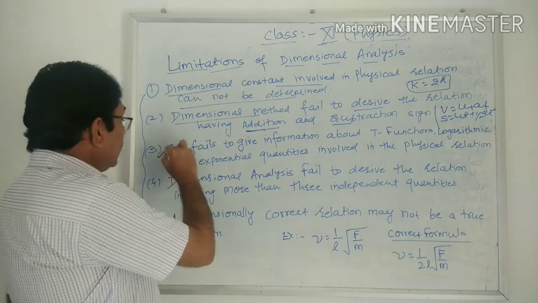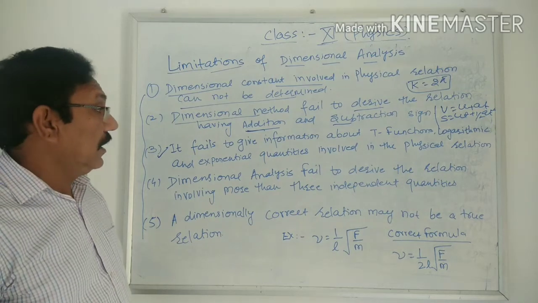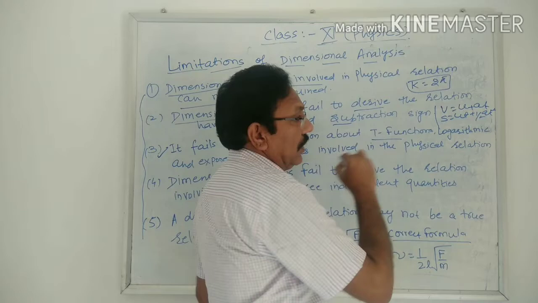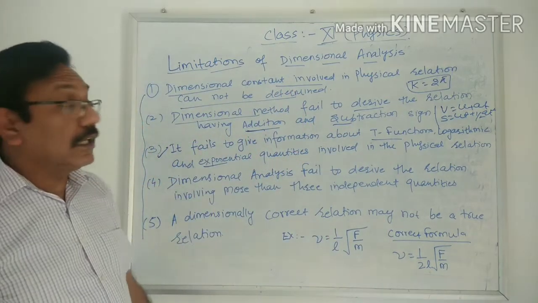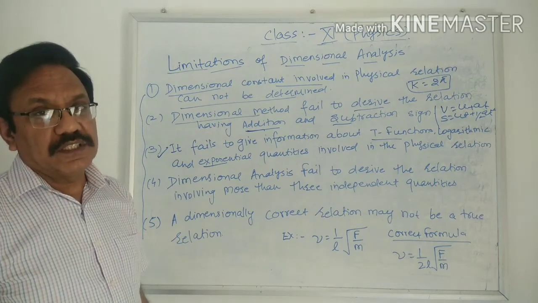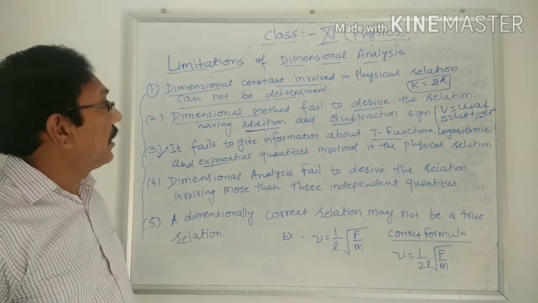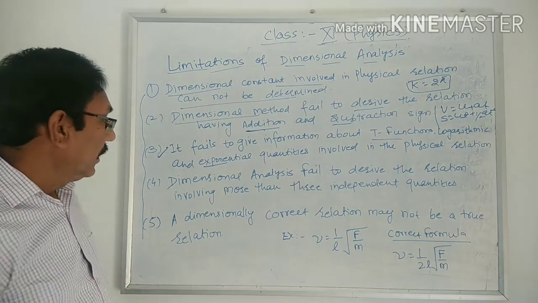Third, dimensional analysis fails to give information about trigonometric functions, logarithmic functions, exponential functions and other complex quantities involved in physical relations. Those relations cannot be derived by the use of dimensional analysis.